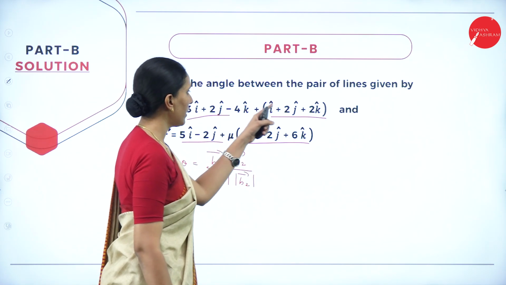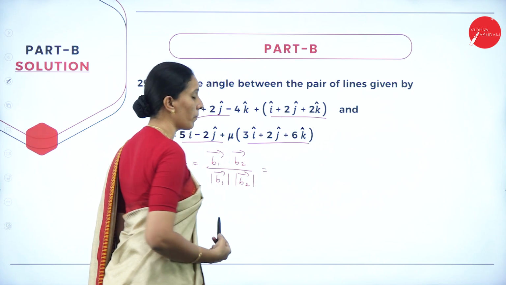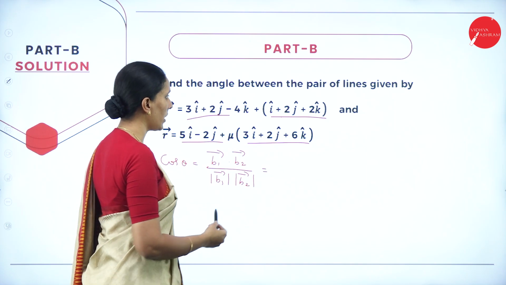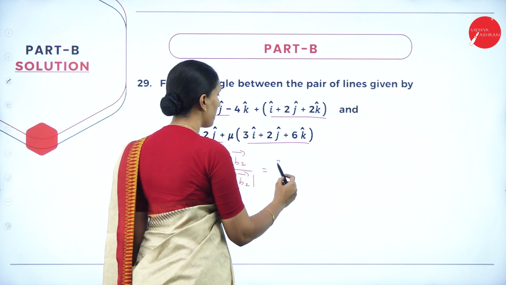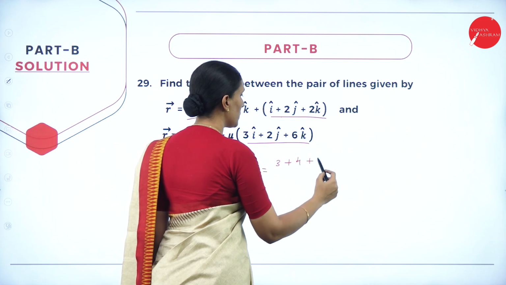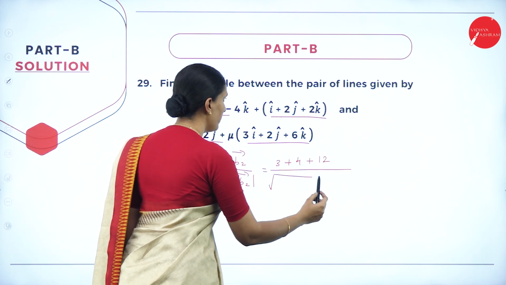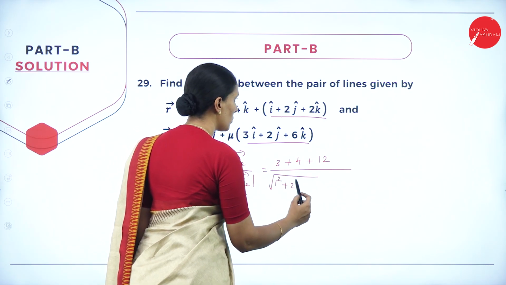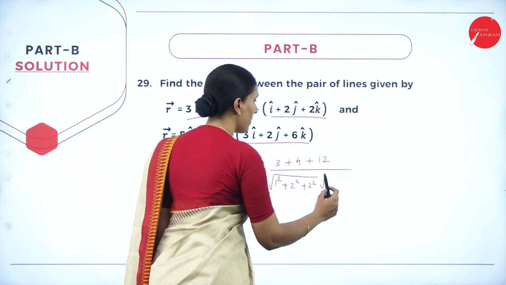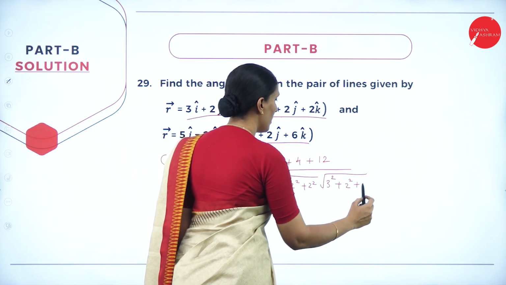So we have vector b1 and vector b2, so let's take the dot product of the scalar components with respect to i, j, k. So 1 into 3, 3, plus 2 into 2, 4, plus 2 into 6, 12, whole divided by magnitude of vector b1, which is 1 square plus 2 square plus 2 square, and magnitude of vector b2, which is 3 square plus 2 square plus 6 square.